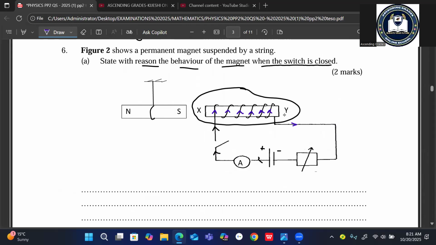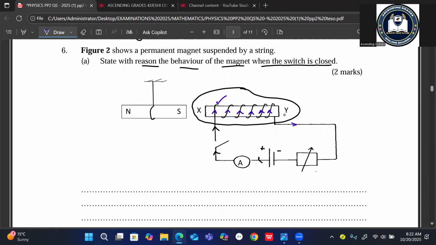Then you first identify what will be the polarities of X and Y. But the interesting part is X. So using the right hand, you grasp the coil, this one, and make sure that you engulf using your fingers to follow the direction of the current.